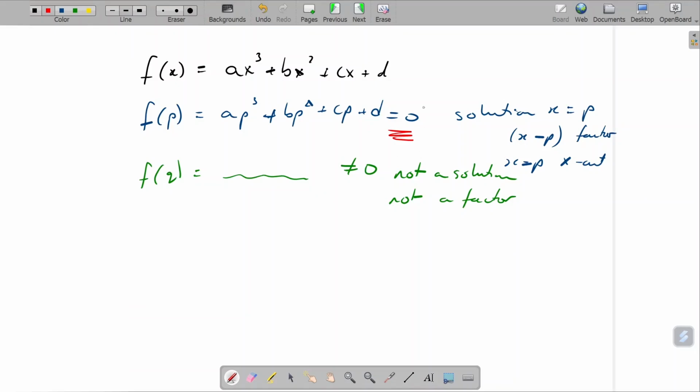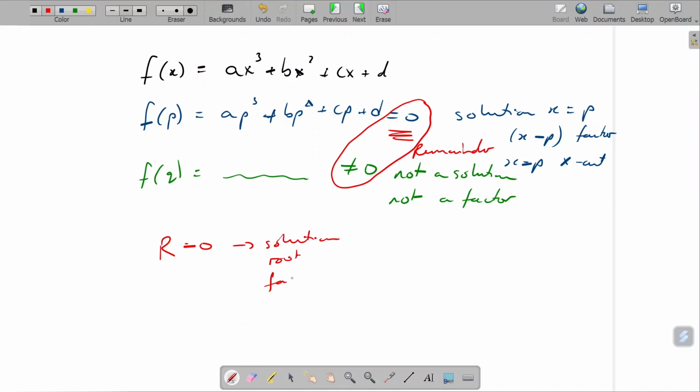Now, it turns out that this value that we're getting out over here actually is the remainder. And what we're saying here is that if this remainder equals naught, then we have a solution, a root, a factor, or an x-cut.